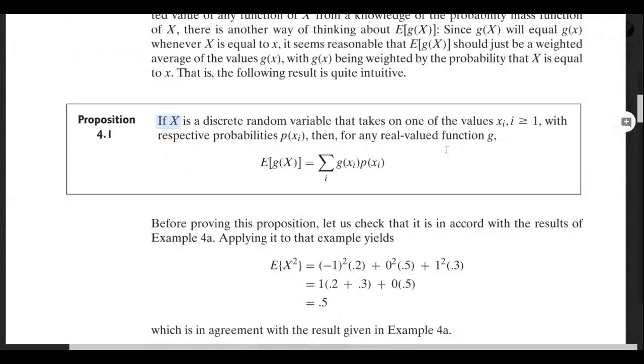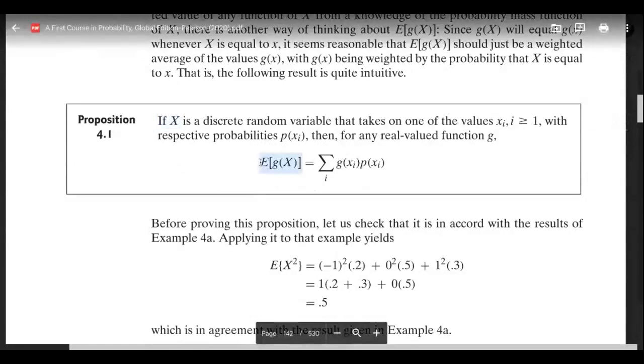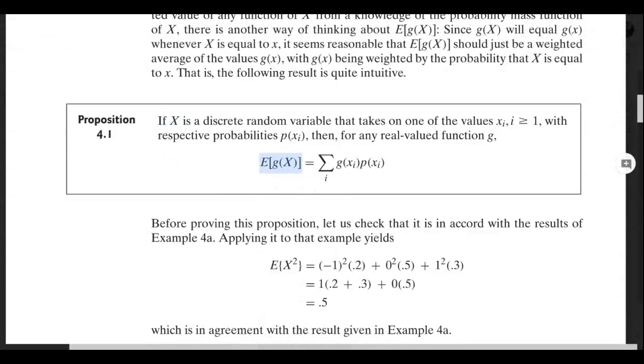Then for any real-valued function g, the expected value of g of the random variable equals the sum of g evaluated at those x_i's multiplied by the probability of the x_i's. Makes sense, right?